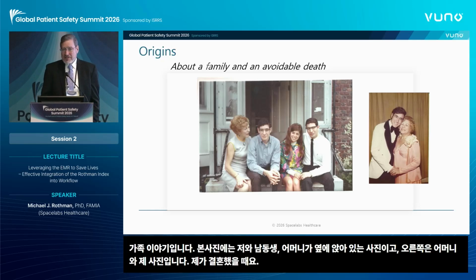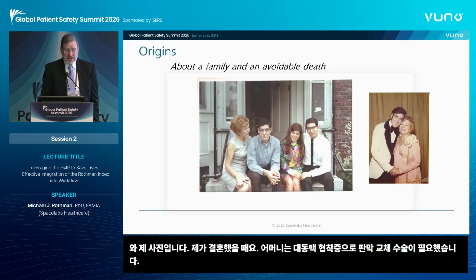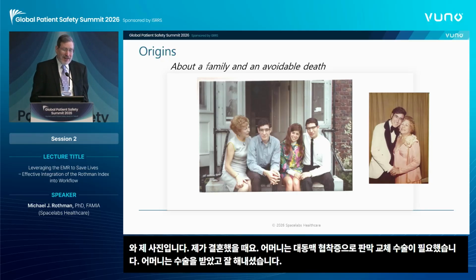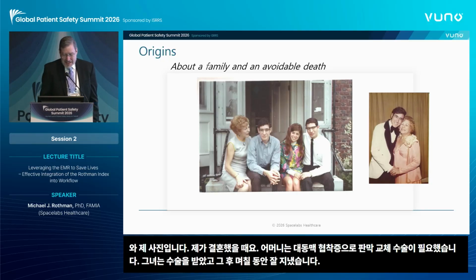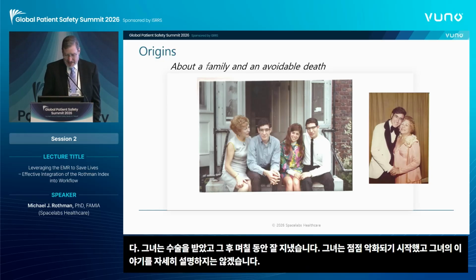She had the operation and did well. However, over the next several days, she started to deteriorate. And without going into the details of her story, she was discharged, came back to the hospital 4 days later, and died of a cardiac tamponade.